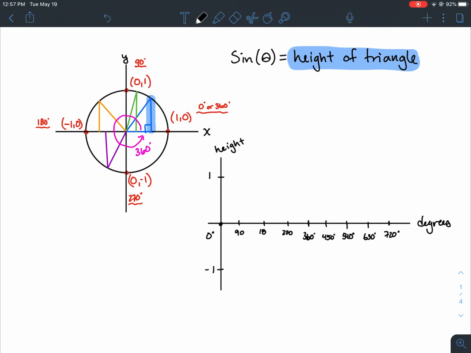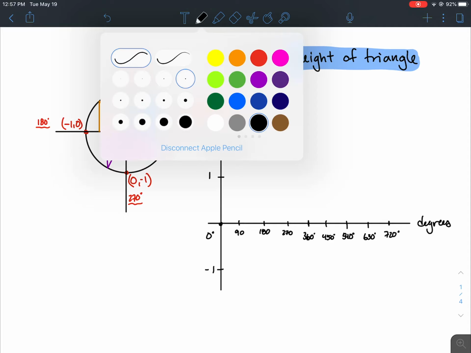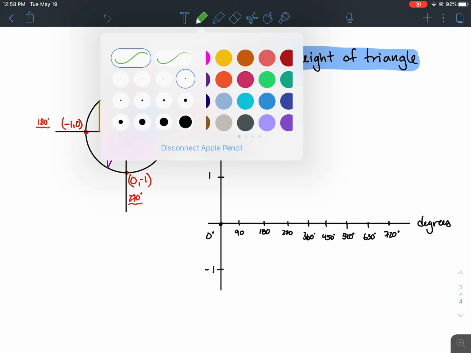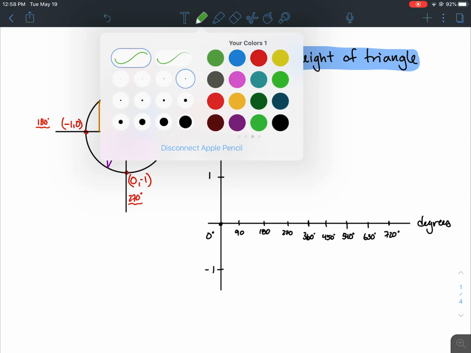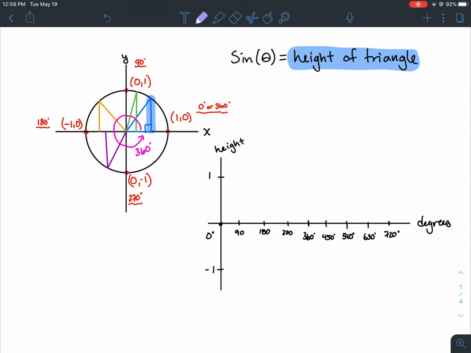And so what we're going to say is, well, how tall is our triangle at these key points? So at 0 degrees, I'm going to do this in a very different color here. I'll choose this light purple. At 0 degrees, my triangle has no height.